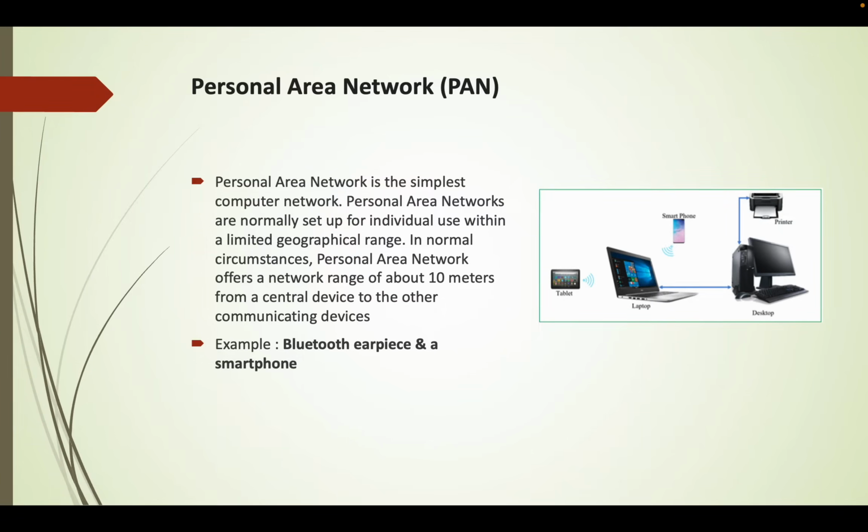And there are smartphones and tablets, which are again connected to this laptop via wireless medium. So this kind of network, if you establish within your home or for your own personal use, then we call it a personal area network. Like here, if you connect your Bluetooth earpiece and your smartphone, then the kind of network that is created is called a personal area network.